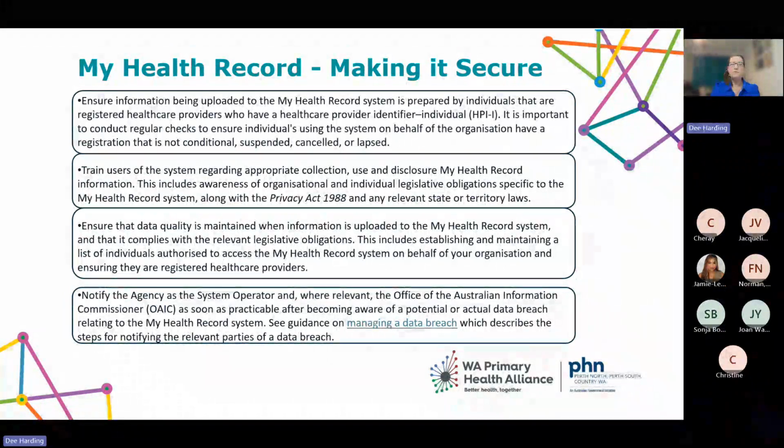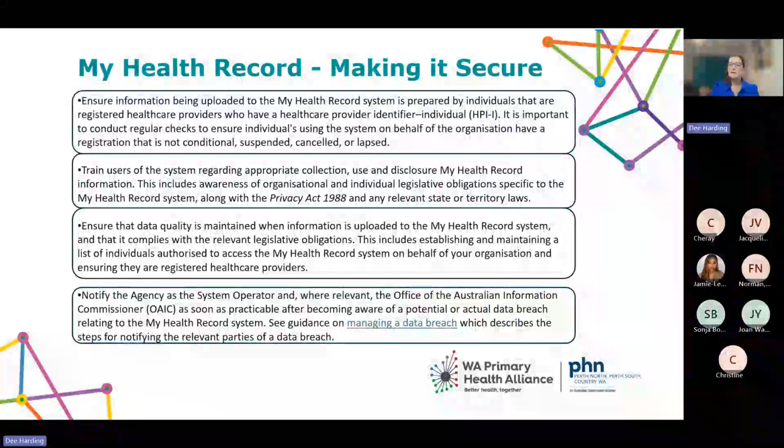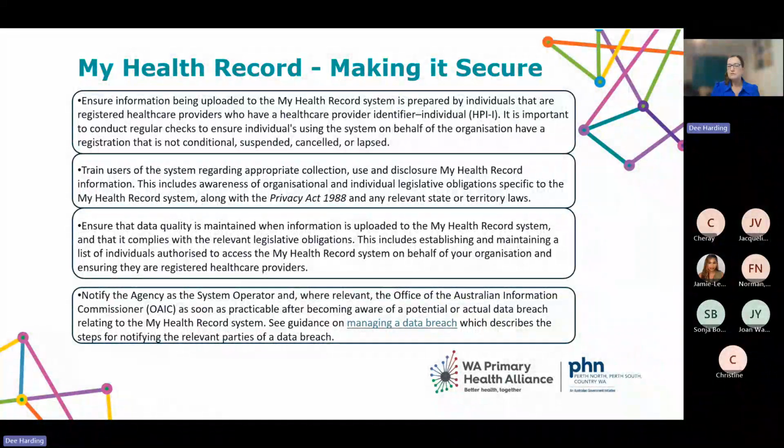You have to ensure that the data quality is maintained when information is uploaded to the My Health Record system and that it complies with the relevant legislative obligations. This includes establishing and maintaining a list of individuals authorised to access the My Health Record system on behalf of your organisation and ensuring they are registered healthcare providers.